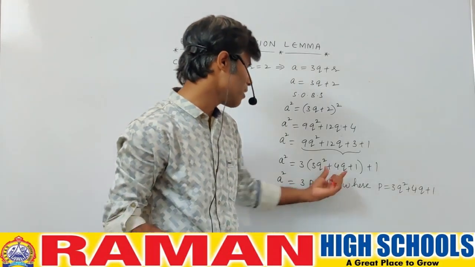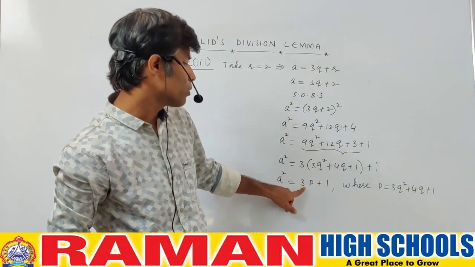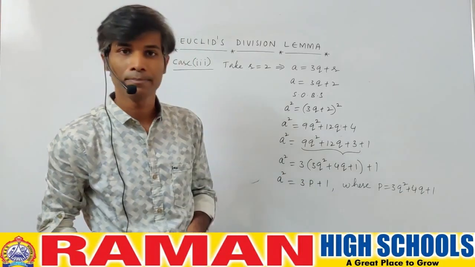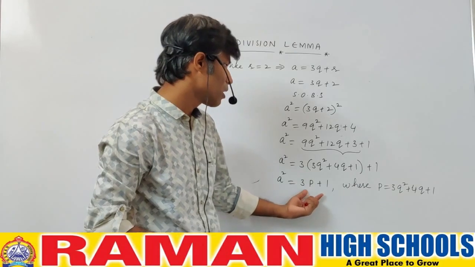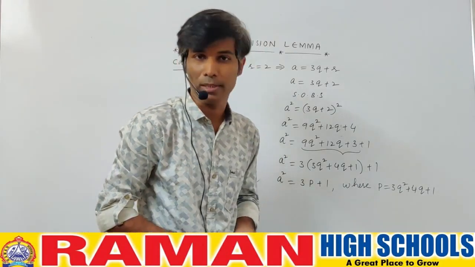We are taking this as some p, therefore a square equals to 3p plus 1. So here we can say that the square of a positive integer is of the form 3p plus 1.